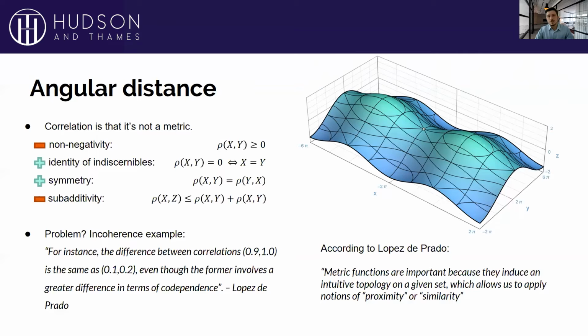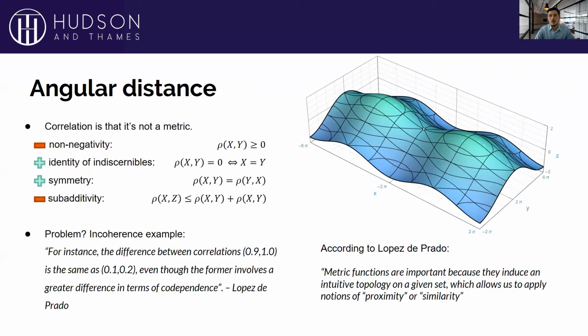So a function on a set is a metric if it follows four properties. First being the non-negativity, which means that a function from two elements is more or equal than zero. Then identity of indiscernibles, which is if the function of two elements is zero, this means that these elements are equal.